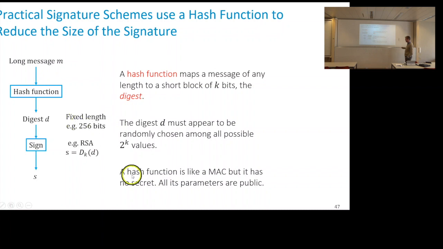Of course, a first thing to remember is that a hash is very similar to a MAC. A MAC does that also, but a MAC has a secret key. A hash does not have a key. Everybody can compute the hash and everybody can verify that this thing is the hash of the message that you get.